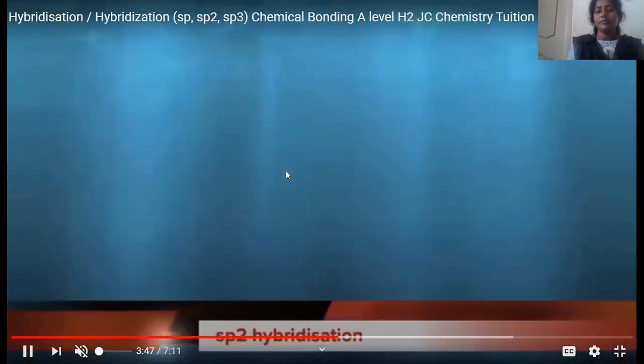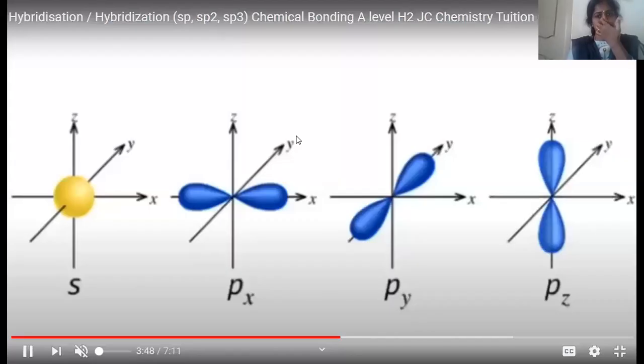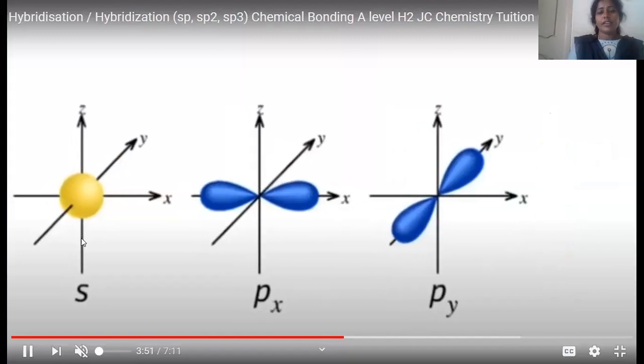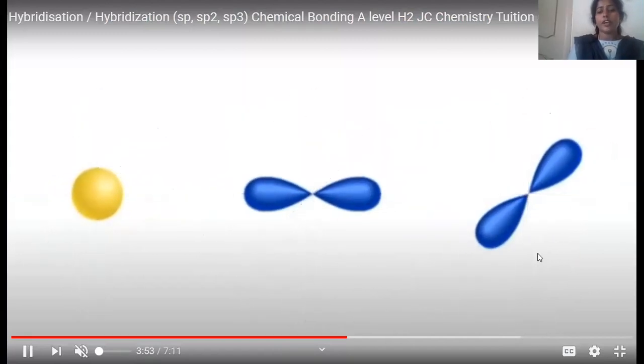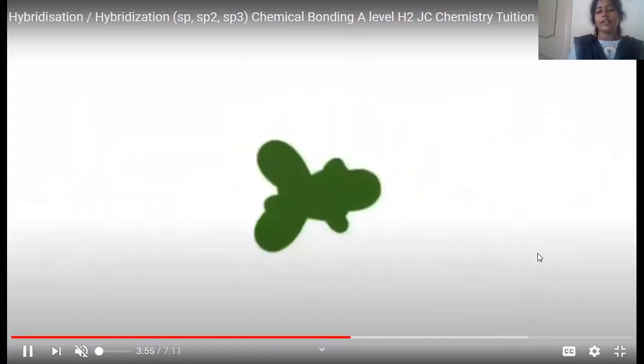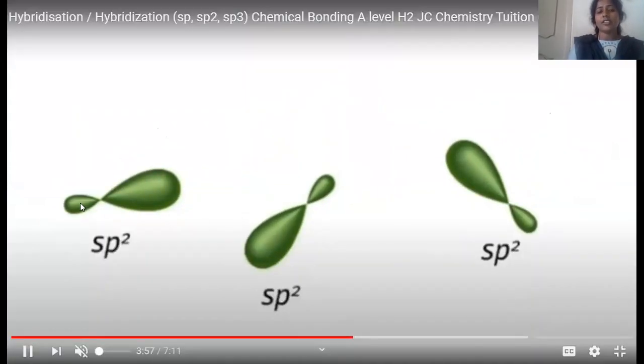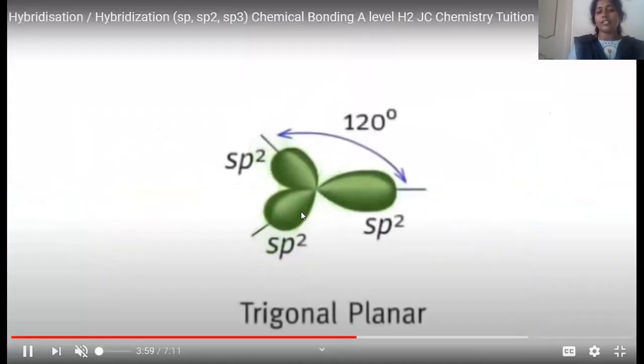Now let us see mixing of s orbital with two p orbitals, which is called sp2 hybridization. 3 sp2 hybridized orbitals are generated. The structure will be trigonal planar. Trigonal planar in the sense 3 bonds are laying within the plane and all the bond angles will be 120 degrees.